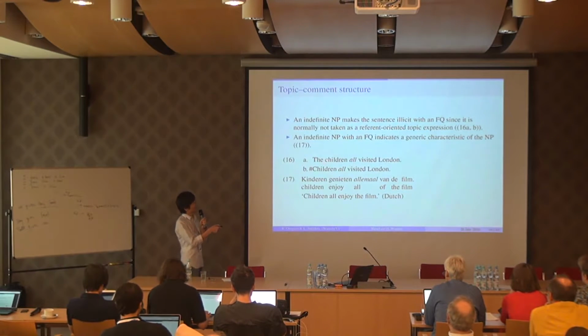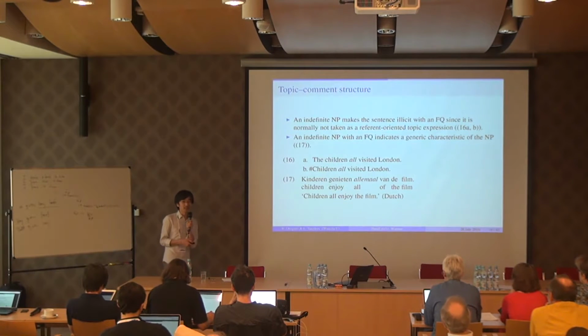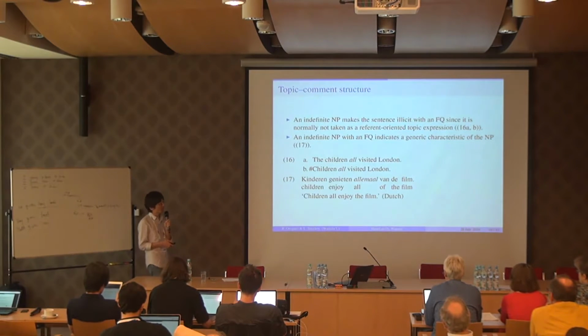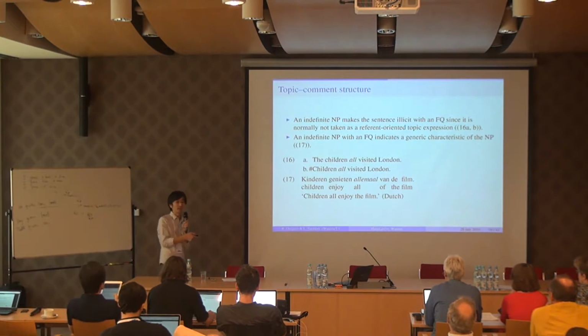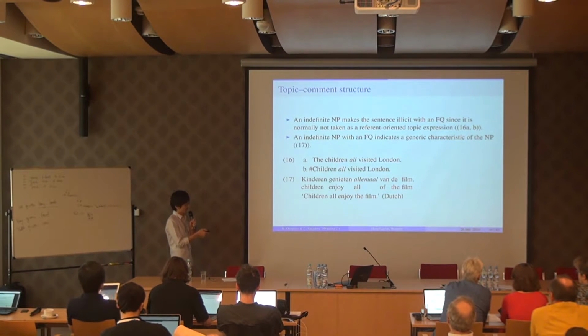But if we put an indefinite noun phrase here, children all visit London, that's pretty odd. That's illicit. The reason is that the indefinite noun phrase cannot be a referent-oriented topic expression, because there's no referent in the world, whereas the definite NP can easily be a referential expression. So we can see the contrast here.